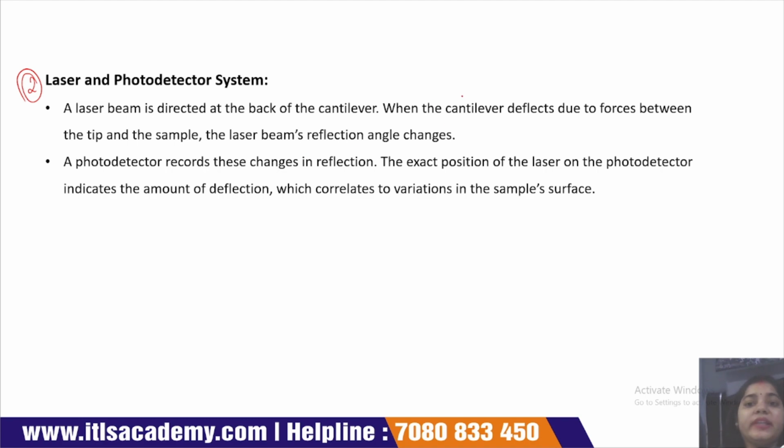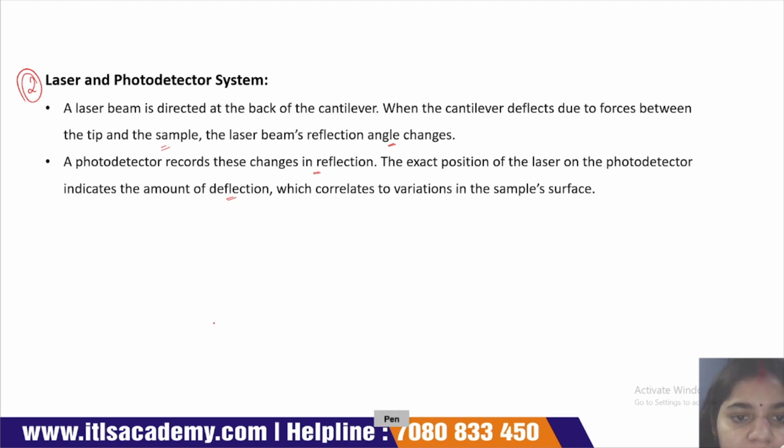Where the cantilever deflects due to the force between the tip and the sample, the laser beam's reflection angle changes. A photodiode records the signal of the reflection. The position of the laser on the photodetector indicates the amount of deflection, which correlates with the variations in the sample.